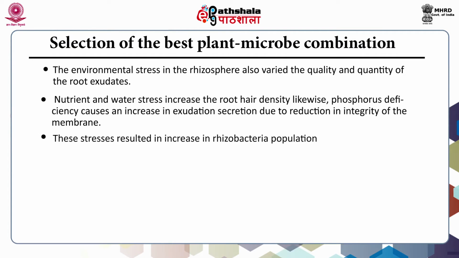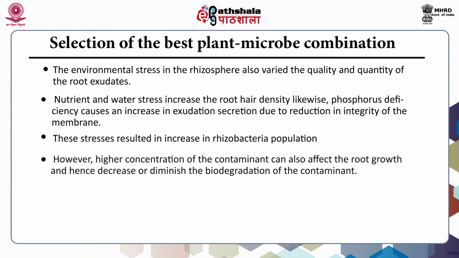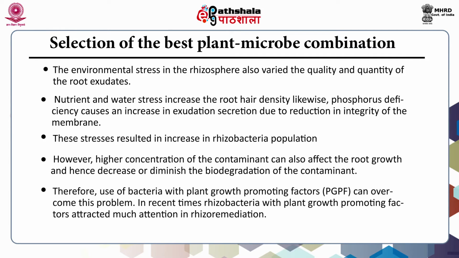These stresses result in an increase in rhizobacteria population. A higher concentration of the contaminant can also affect root growth and decrease biodegradation of the contaminant. The use of bacteria with plant growth promoting factors can help in overcoming this problem. In recent times, rhizobacteria with plant growth promoting factors have attracted much attention in rhizoremediation.